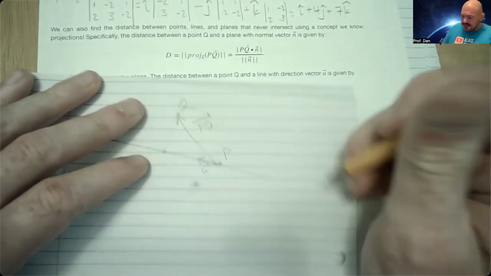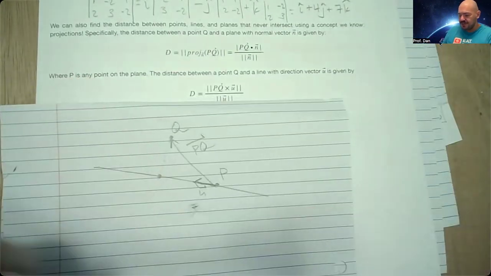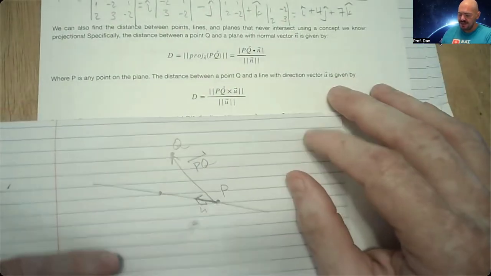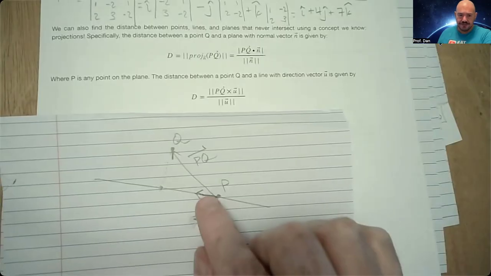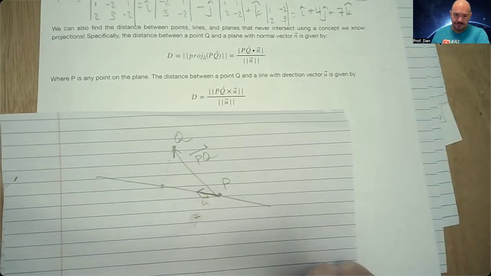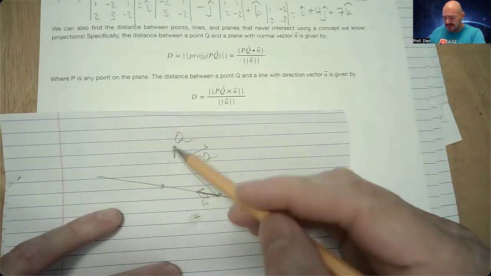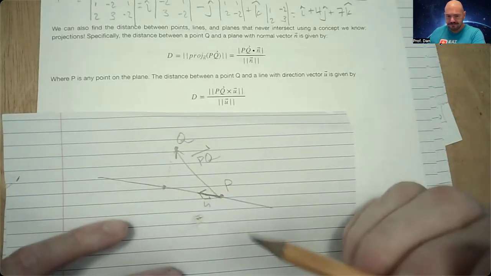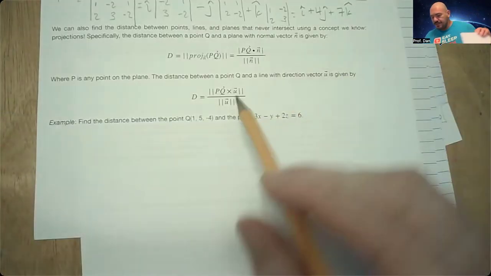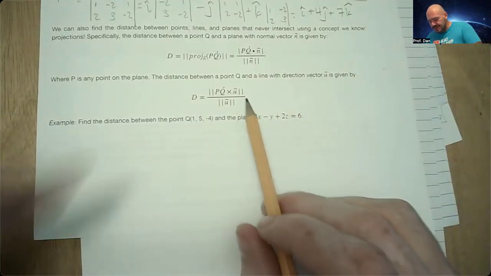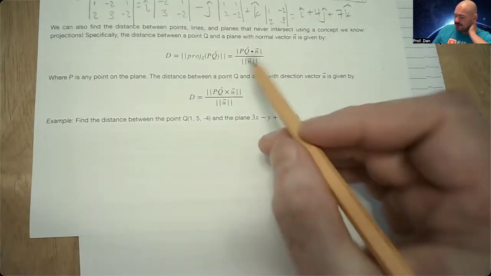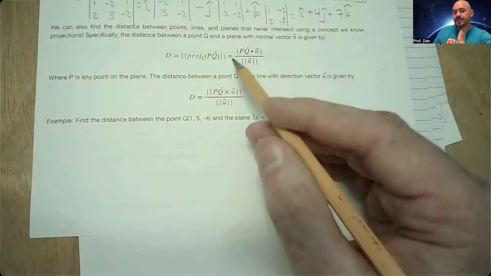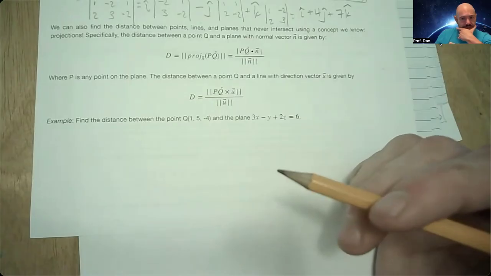And if I take the magnitude of that cross product and then divide it by the magnitude of this vector u, then I end up getting this same distance here. So we can use this formula to find the distance between a line and a point. We can use the first one to find the distance between a plane and a point.